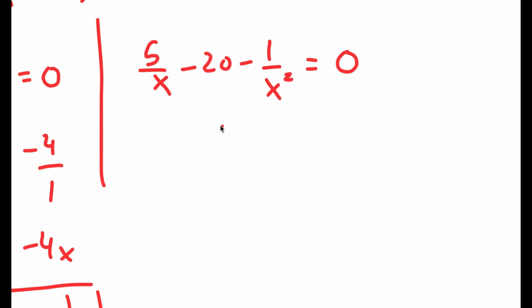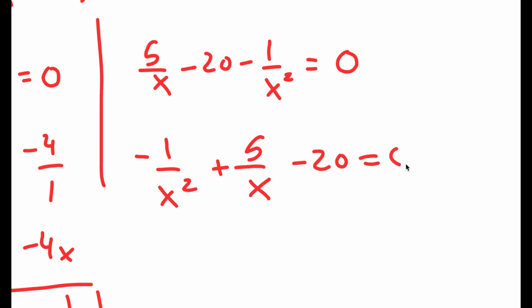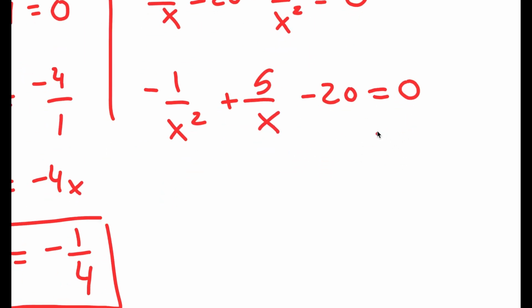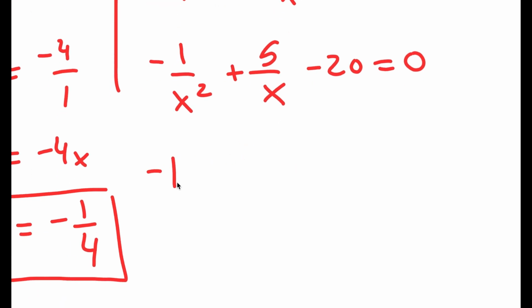And now for my right-hand side, I'm going to reorder this as negative 1 over x squared plus 5 over x minus 20 is equal to 0.